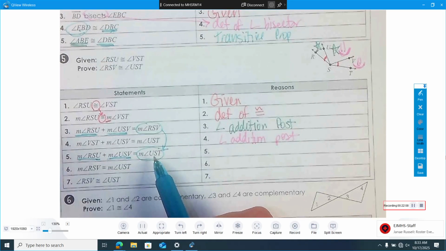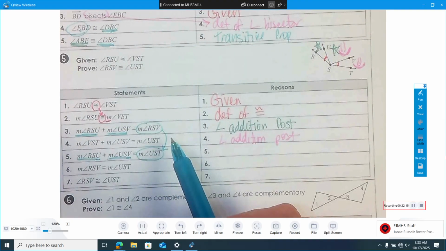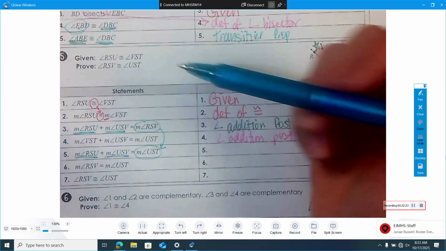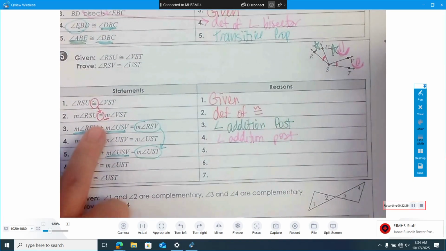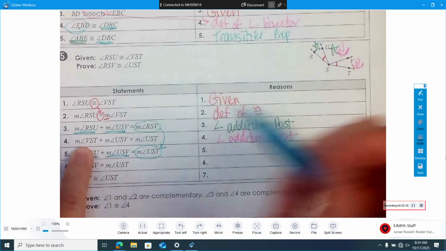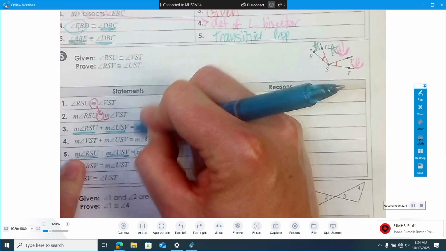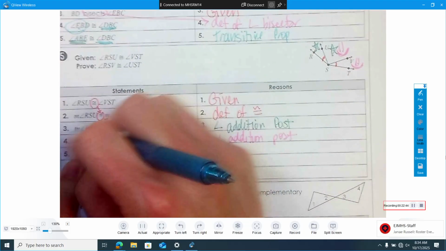I don't know why I'm not seeing this. Like where VST is, instead of doing VST. Oh, so they're switching. Oh, interesting. Okay, thank you. All right, now I see it.